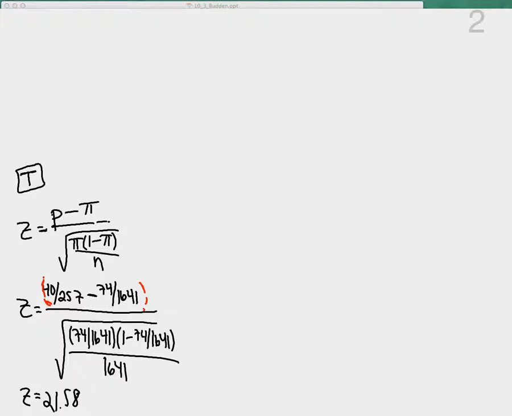Remember how I said be cooperative? So put that in parentheses and then everything in the denominator just like it looks. Okay, so that's T, 21.58. We're not done yet, but this number is called the test statistic. So maybe write that down.